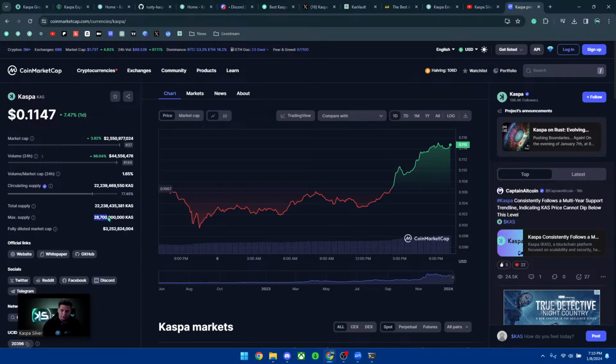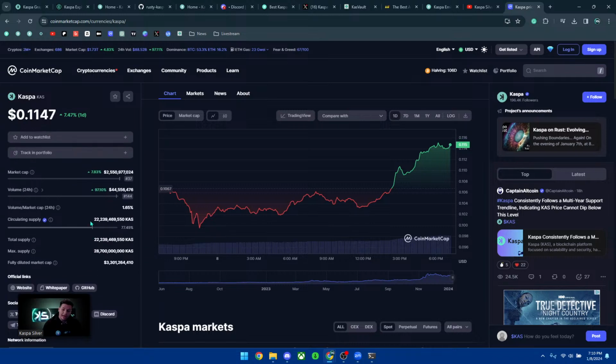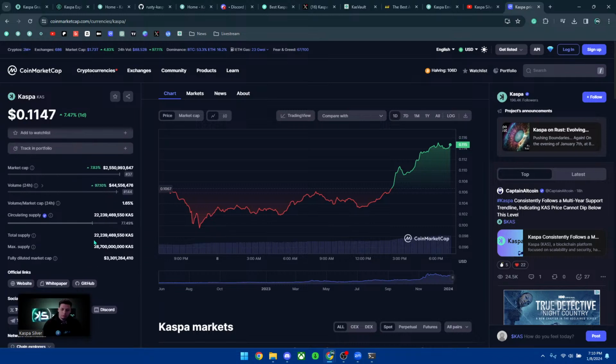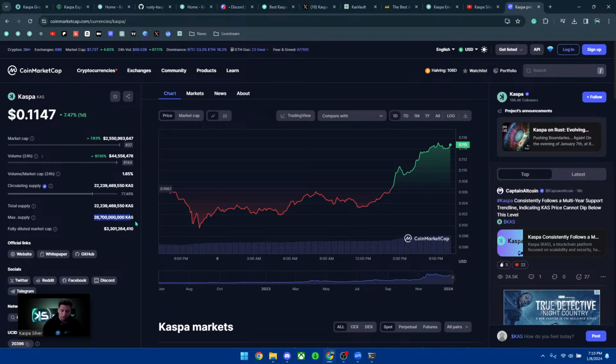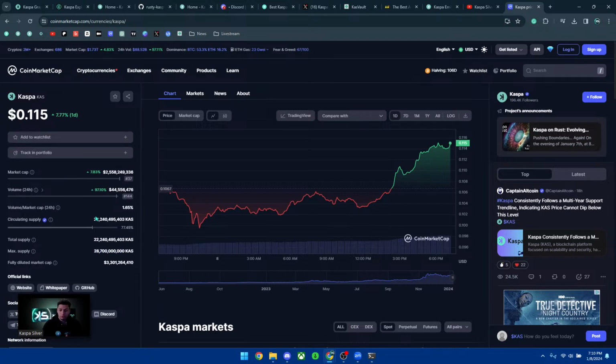The max supply is 28.7 billion. So for Kaspa to be $1, well, the circulating supply is only 22 billion, but in the future, when it maxes out, it will be 28.7. So currently, if Kaspa was to be $1 right now, there would need to be $22 billion in Kaspa. Right now, there's only 2.5 billion.